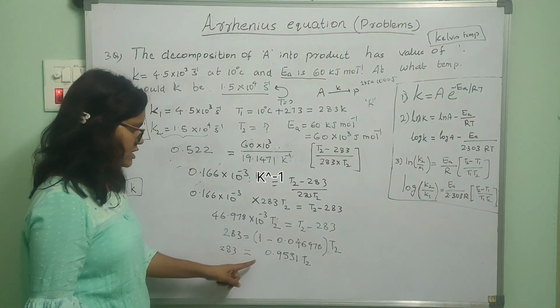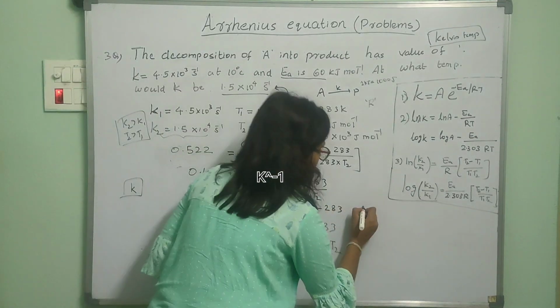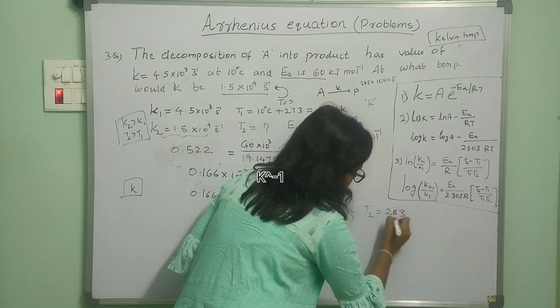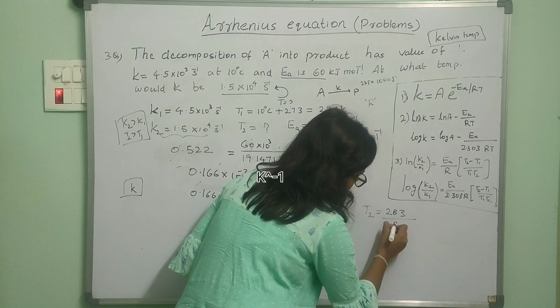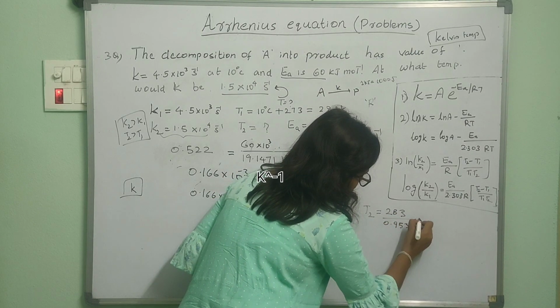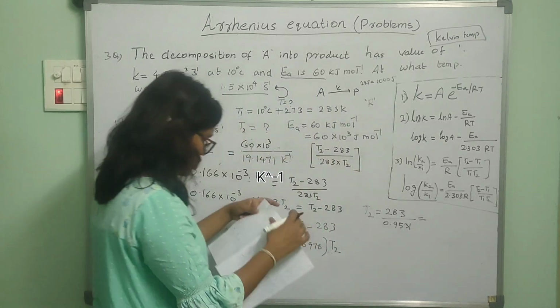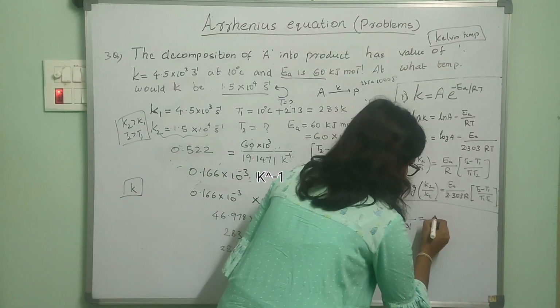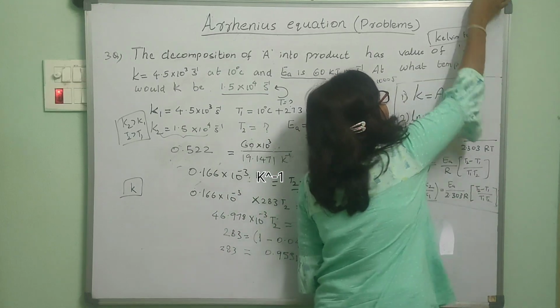T2 will become 283 by 0.9531. So T2 is equal to 283 by 0.9531. So this answer came out to be around 296.9. That means approximately 297 Kelvin.